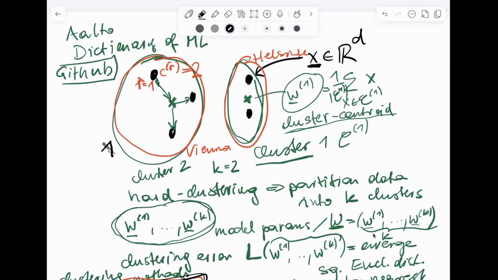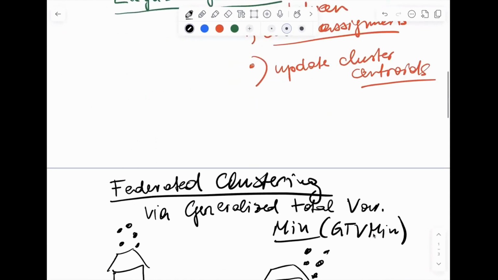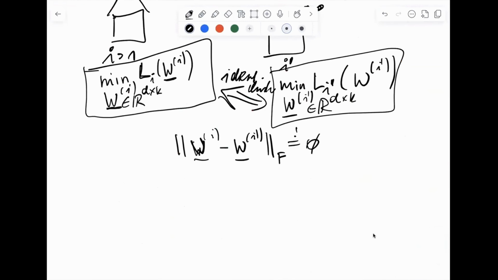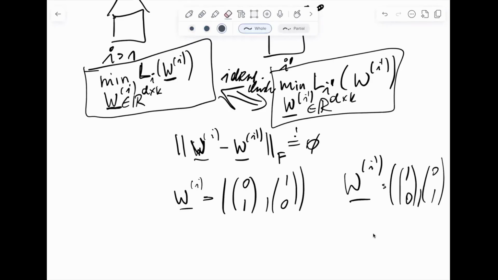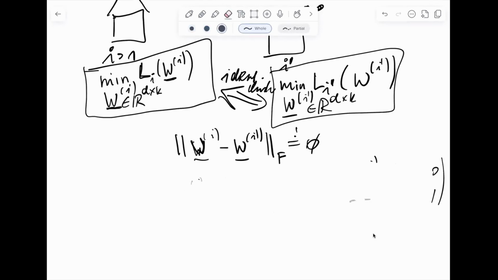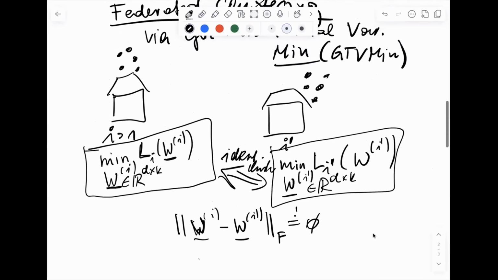So in particular, let's say the node i has the cluster centroids (0, 1) and (1, 0), and node i' has the reverse order of these cluster centroids. So the matrices are different, but the clustering is the same. So to take care of this special nature of the model parameters in clustering, we use a different choice for this discrepancy or variation term.